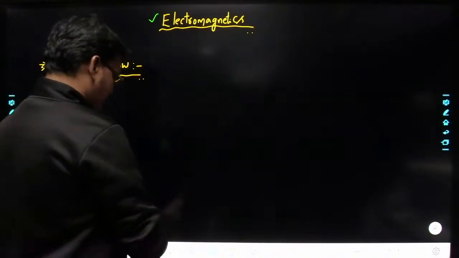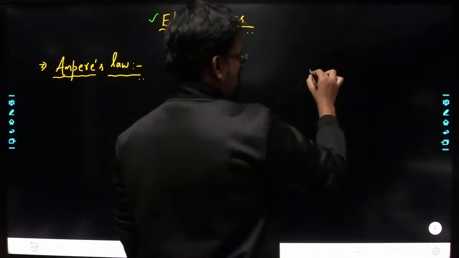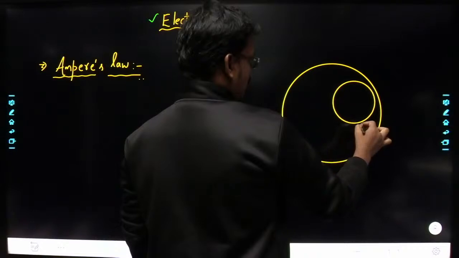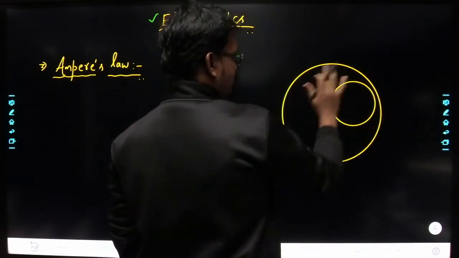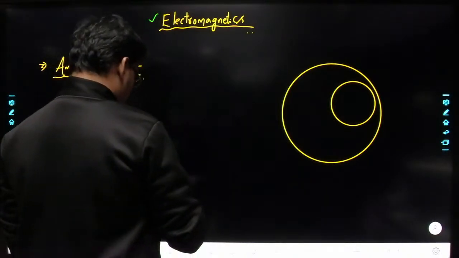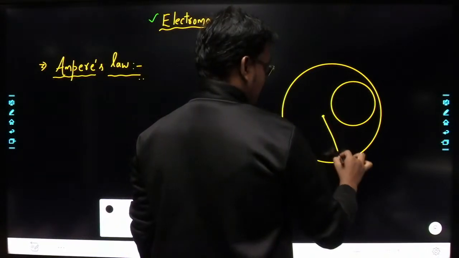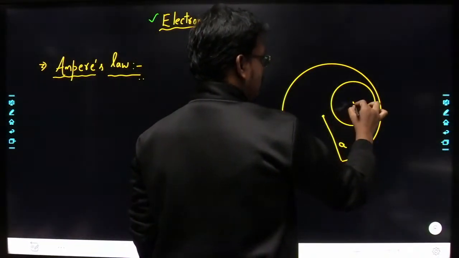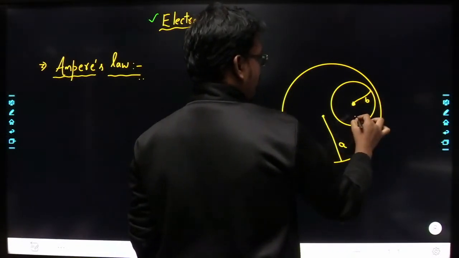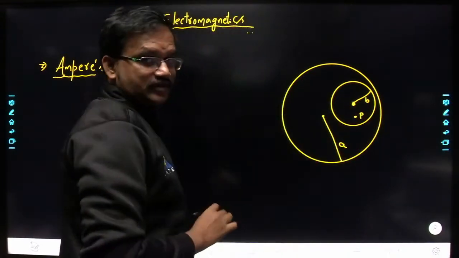And in the previous session we have seen how to determine the B field inside the cavity. This is the cross section of the cylindrical wire. We have considered the radius of this bigger cylinder as A, and the radius of this cavity or hole as B, and we try to determine the magnetic field at some point P inside the cavity.